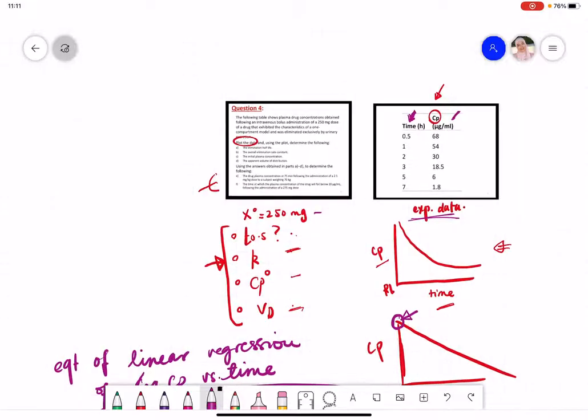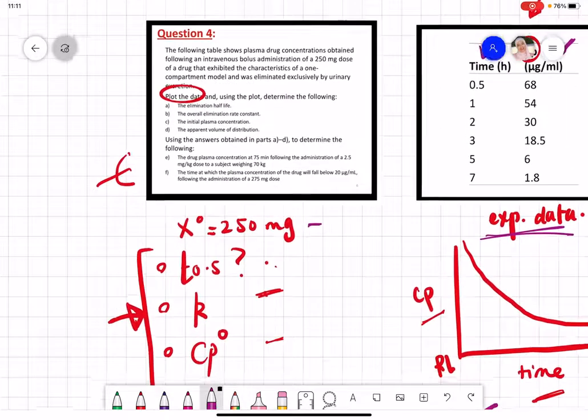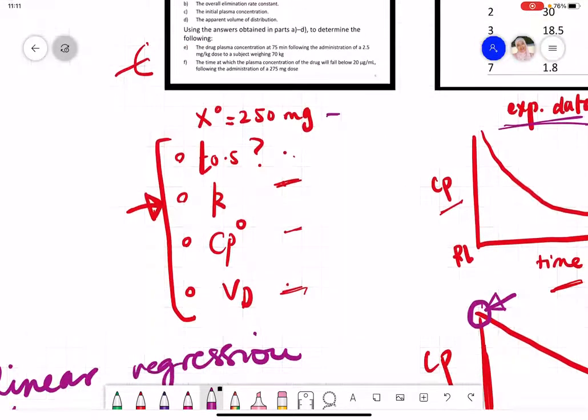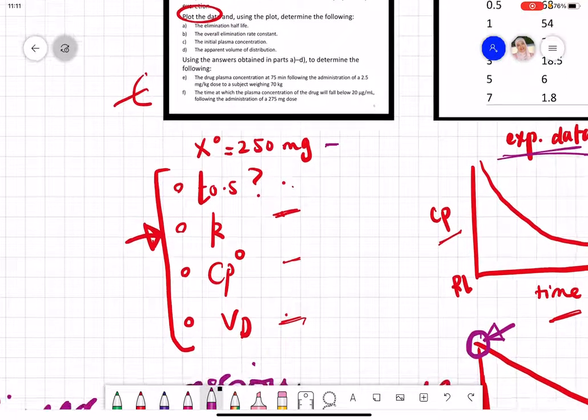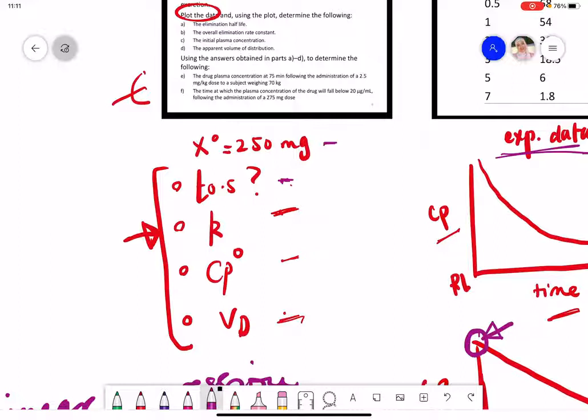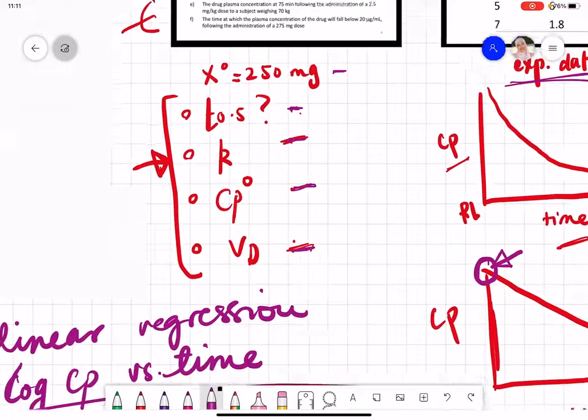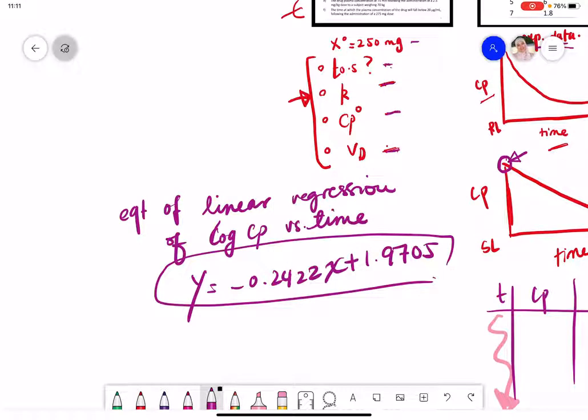Then if we go back to what is needed in the question, we can find that you need to determine, from requirements A to D, half-life, elimination half-life, K, CB naught, and VD, okay? So let's go and see what you can do by just knowing the equation.